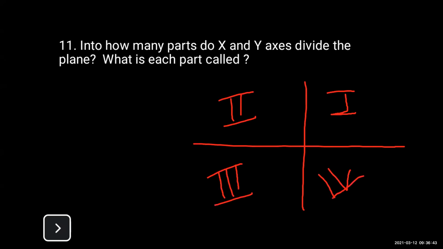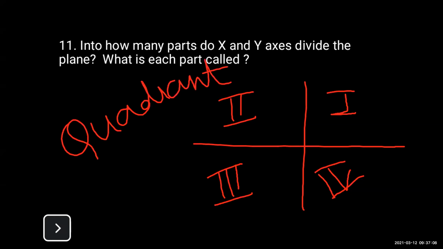And what is each part called? It is called a quadrant. So the answer is that it is divided into 4 parts, and each part is called a quadrant. This is a very simple question because all of you are aware of this, so I don't think there are doubts here.